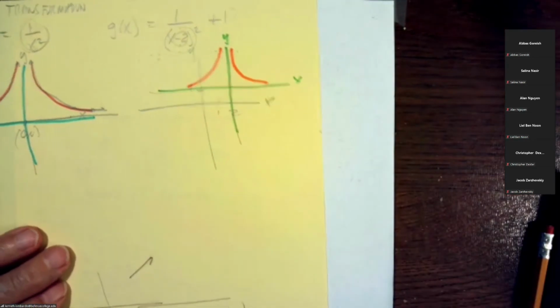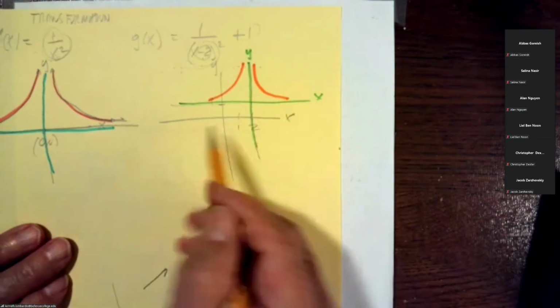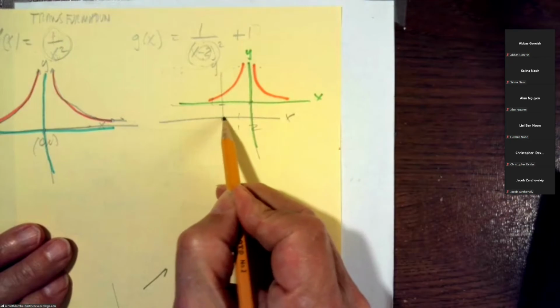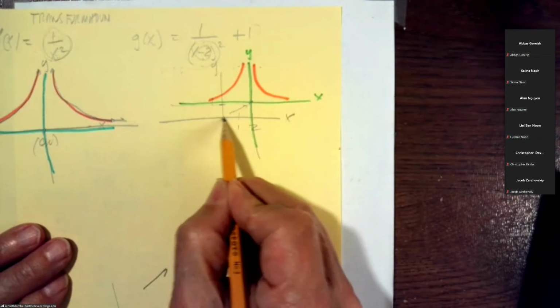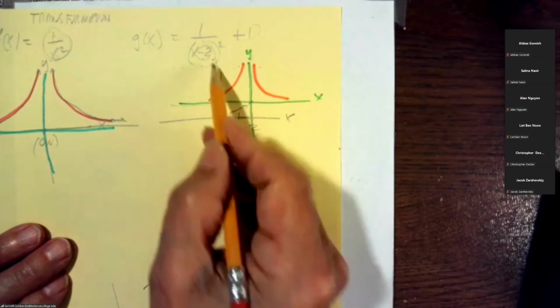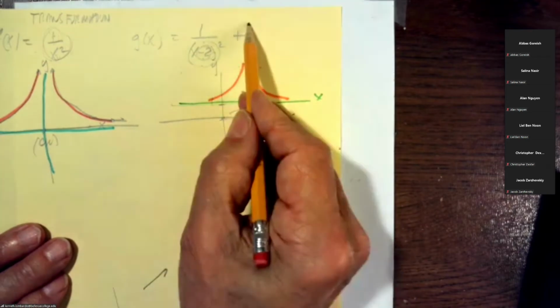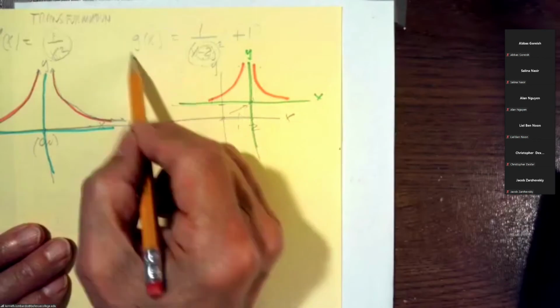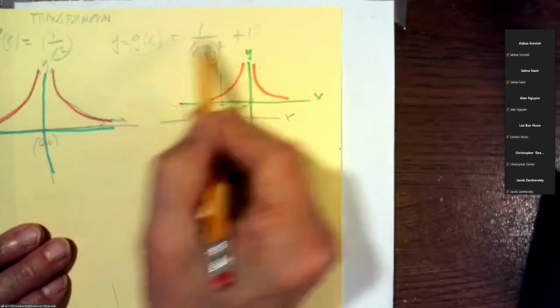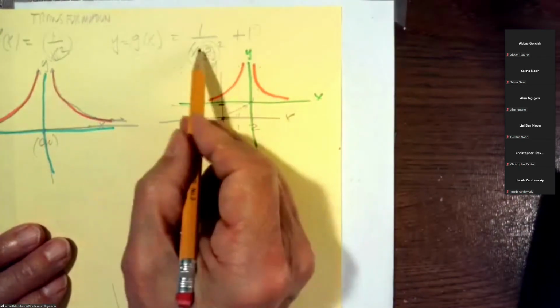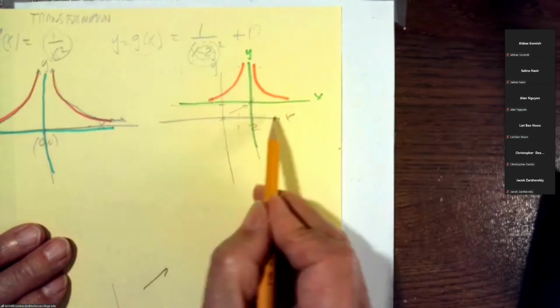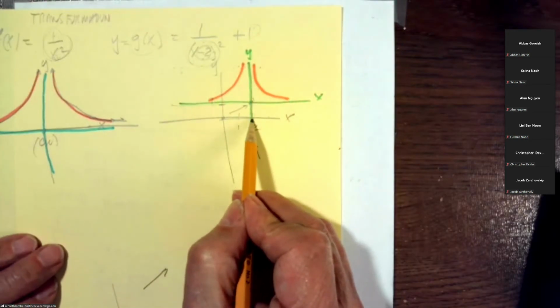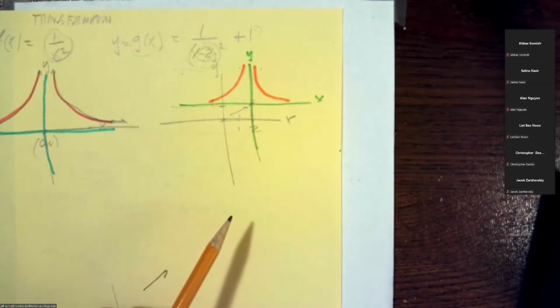It's the same function, but it just moved to a new origin. Went over to the right because of the -2, and it went up 1 because of this +1 here. Okay, so g of x, which is in the y direction, goes +1, and x minus 2 shifts it in the positive direction 2. Okay, questions on what we did there?